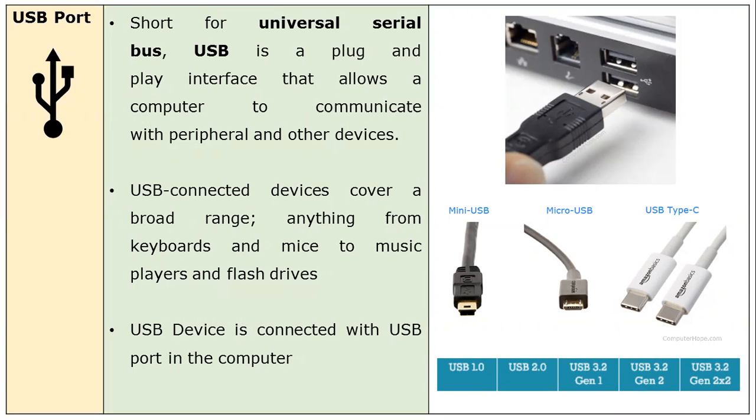Then there are versions also available. Earlier it was USB 1.0, then developments like 2.0, 3.2 and so on. Currently we are at USB 3.2, that means 2 by 2 generation.